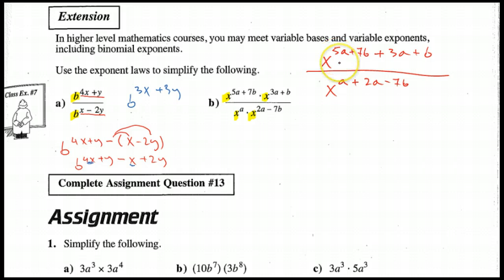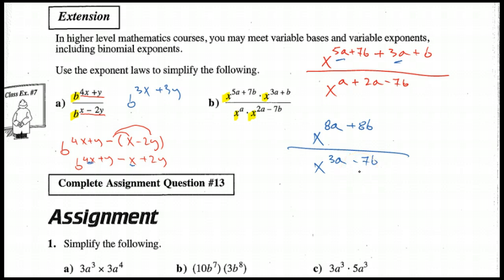Okay. Now I'm going to simplify this. On the top, I have 5a's and 3a's. So that's going to be x to the 8a on top. 7b's plus another b, that's 8b's. On the bottom, I have 3a's minus 7b.